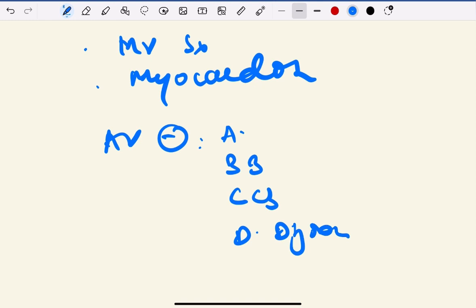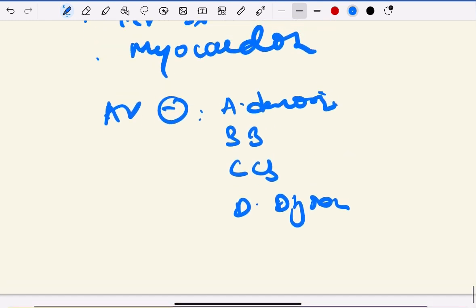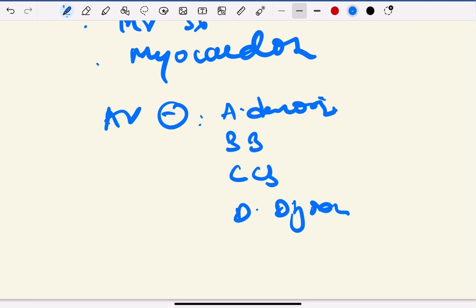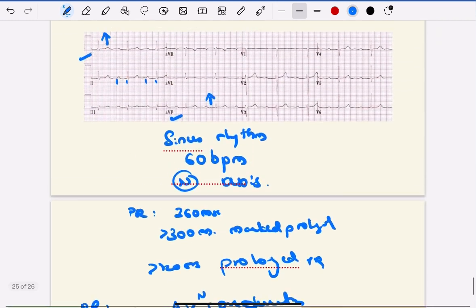All these are AV nodal blocking agents, and they can cause first degree heart block. And as I said, it could be a normal variant. Okay, this is about first degree heart block.